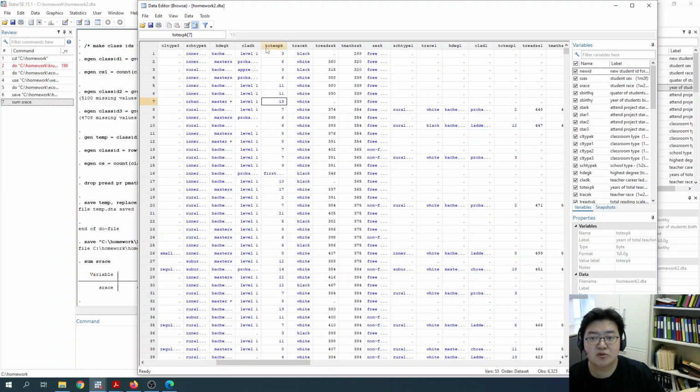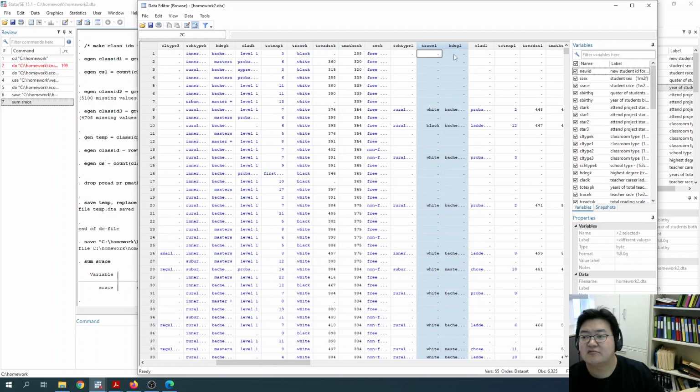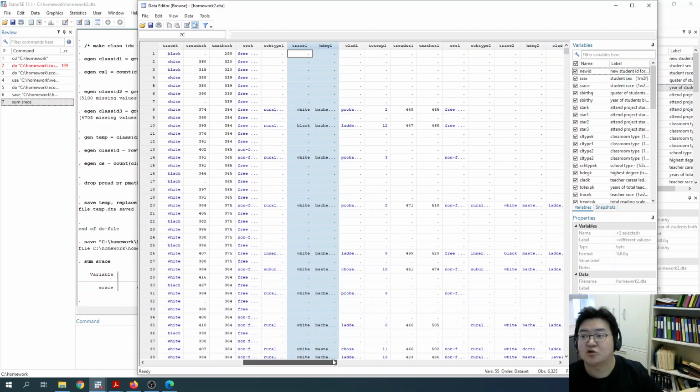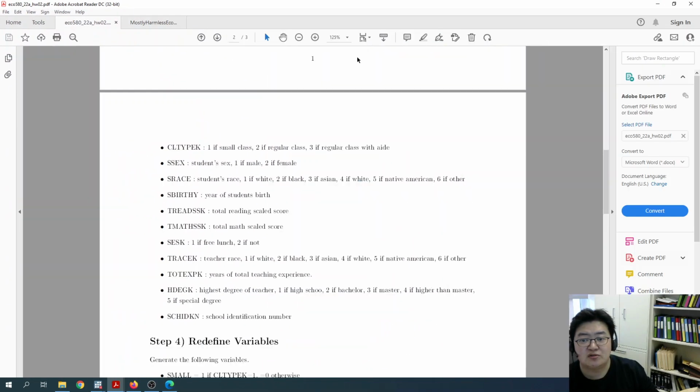So this means the total experience of the teacher in the kindergarten year. And this is the kindergarten teacher's race, also black, white, like that. Those variables are also defined for the first grade, second grade, and third grade teachers. So these are the variables we will use.